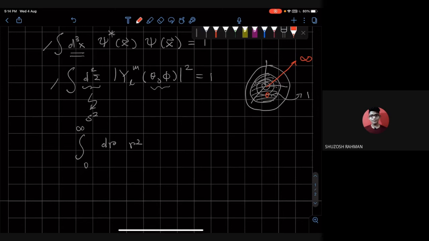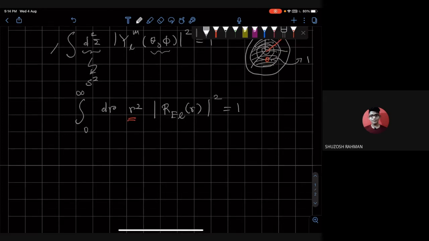But of course, the area of the sphere depends on r squared, and that's why we have r squared coming into the dr integral. So there will be dr, and then the radial part of the wave function, say R_EL, as a function of r, mod squared, and that should give us 1.